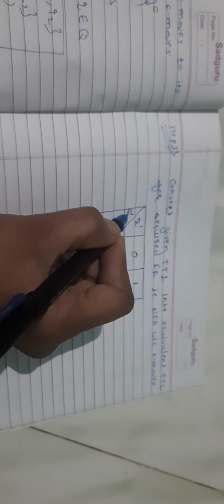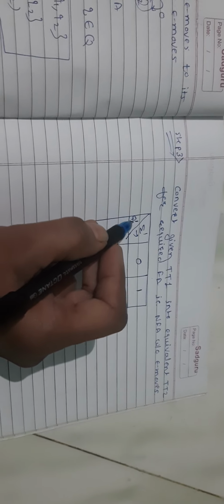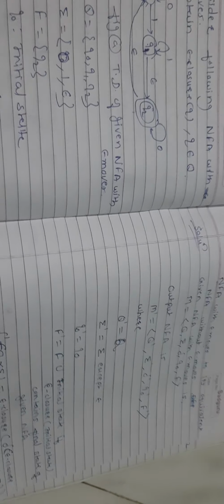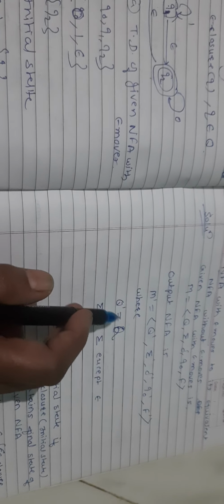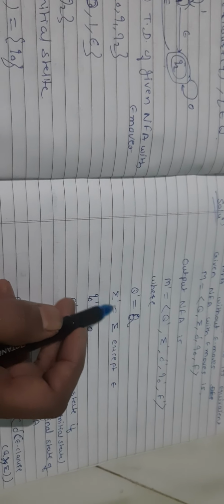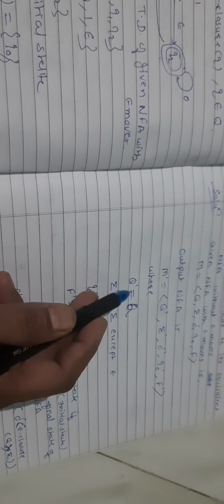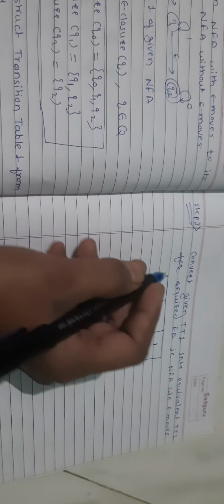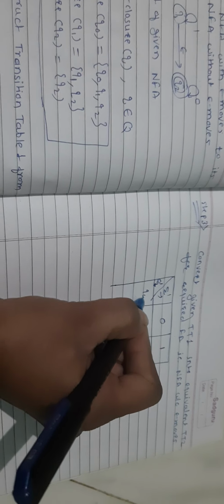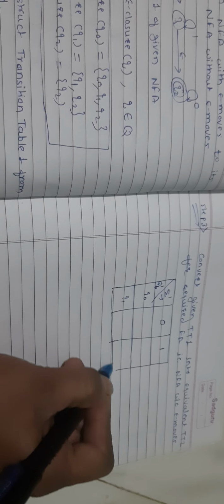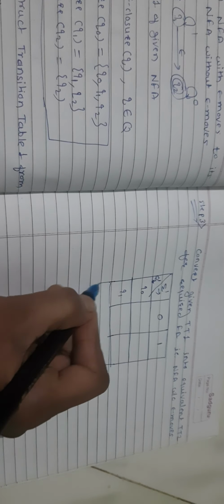Q dash is equal to capital Q. So whatever states are here, Q0, Q1, Q2.